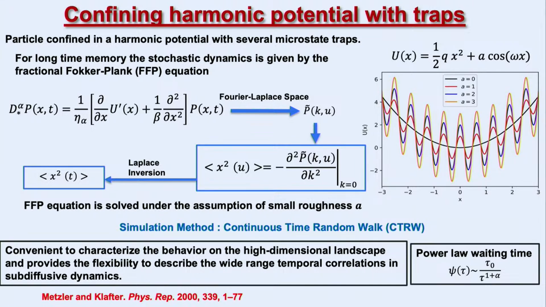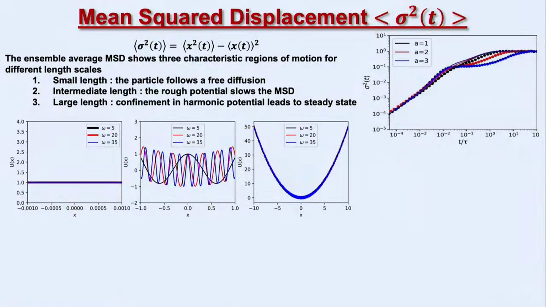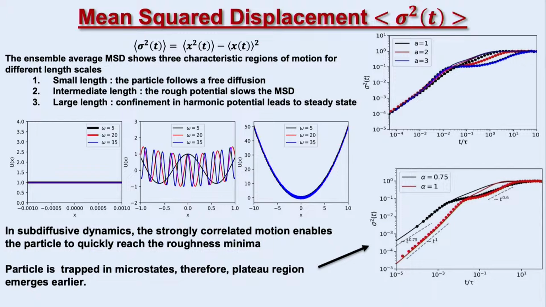With these simulations, we calculated different statistical measures. For example, we looked into the mean square displacement, which leads to a steady state. We also looked into the role of subdiffusive dynamics, comparing different values of alpha, and we see that in the presence of subdiffusive dynamics, the strongly correlated motion allows the particle to quickly reach the roughness minima, and the particle being trapped in the microstates gives a plateau region in the characteristic function.